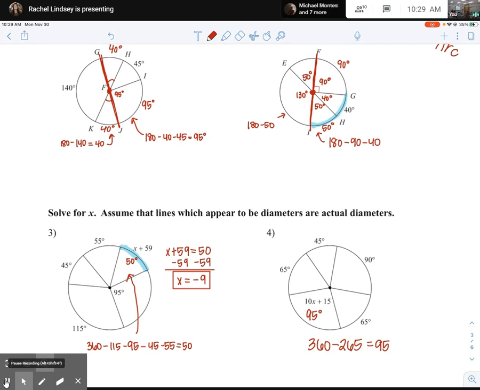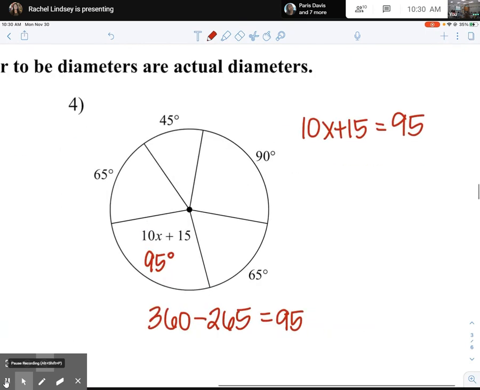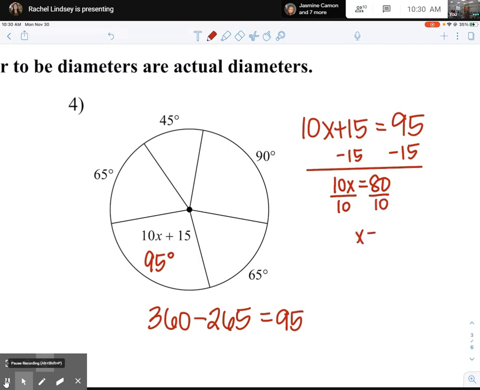Okay, so then we'll set 10x plus 15 equal to 95. Subtract 15 from both sides. We'll have 10x equals 80, divided by 10. X does equal 8.